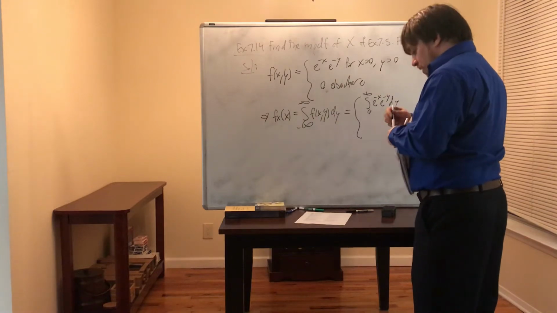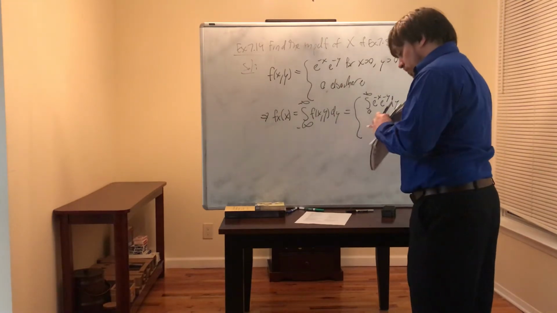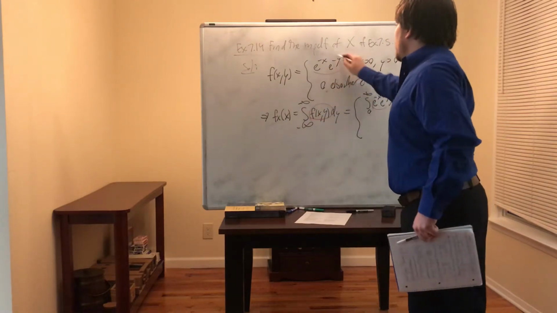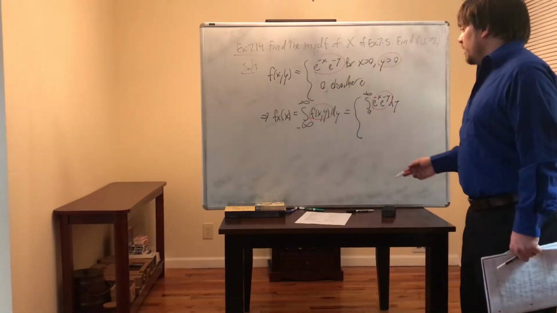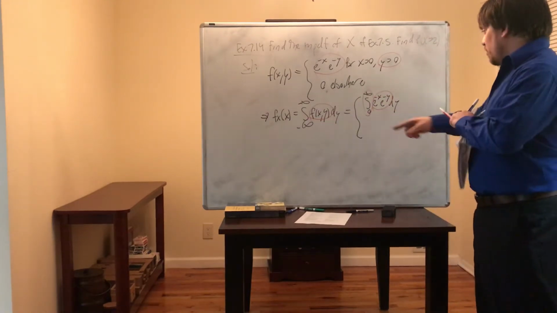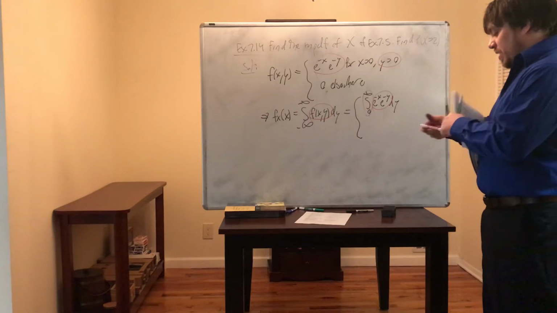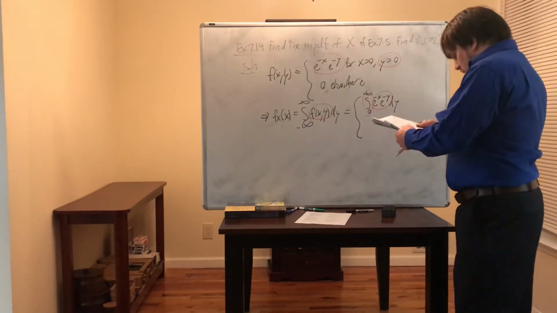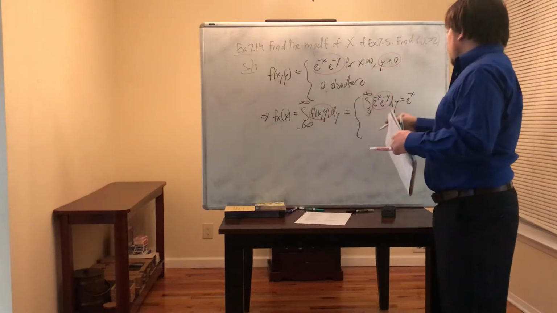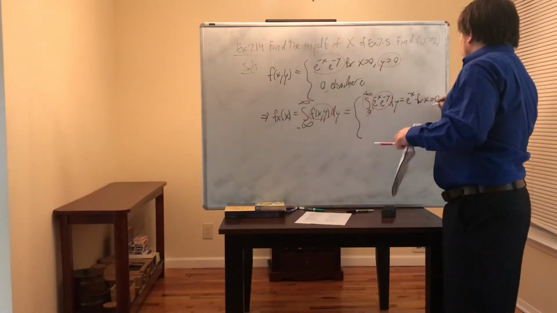Right? So f here is equal to this, but only for a positive y, and so we don't need the negative y. We only go from 0 to infinity for y values. When you find that improper integral, you get e to the negative x, again only for positive x, for x greater than 0.